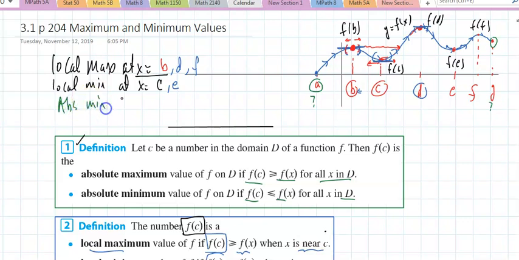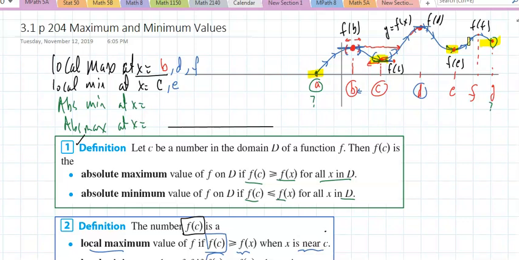Absolute minimum at x equal what? And absolute maximum at x equal what? So here you're looking at absolute minimum. You're looking at this, but this counts as well. So absolute includes the endpoints. Local doesn't, because you need to look to the left and to the right.